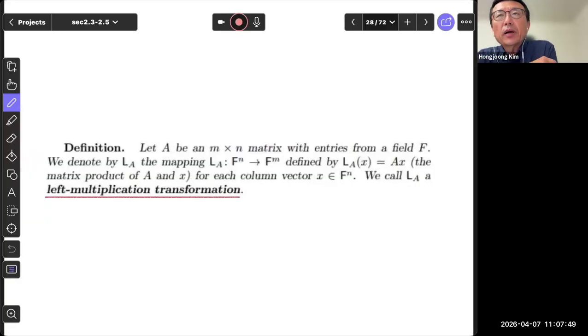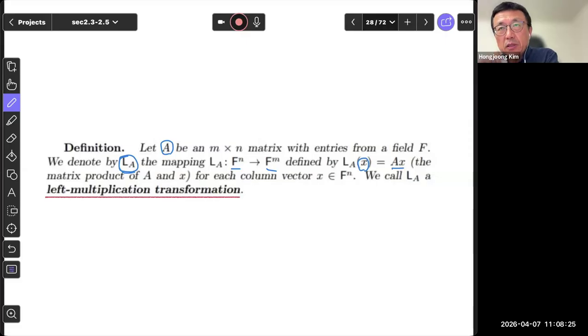So let A be an m by n matrix with entries chosen from a field F. Then, given this A matrix, from now on, we define a mapping L sub A from Fn to Fm, which maps any vector x in Fn to A times x in Fm space.